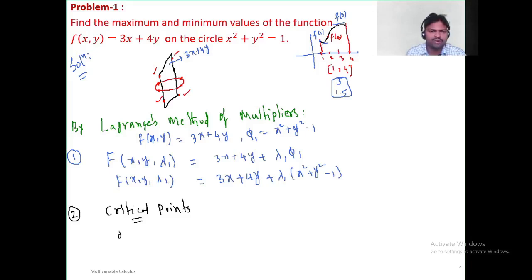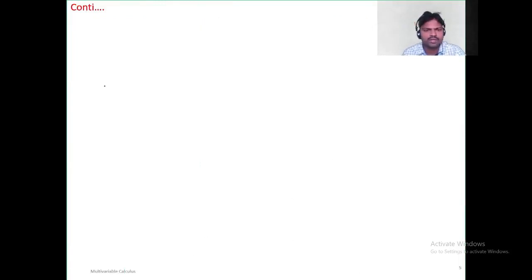But here instead of x1 you have x, and instead of x2 you have y. So these two you have to solve, then you will get the critical points. First of all, let us construct dou f by dou x1 and dou f by dou x2.